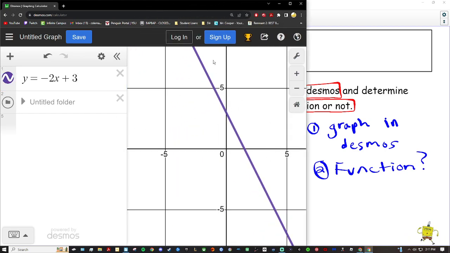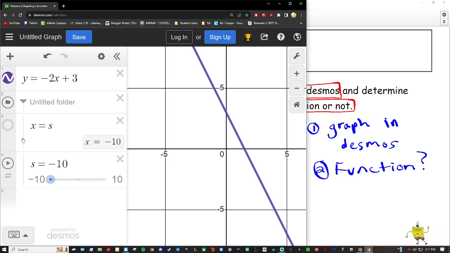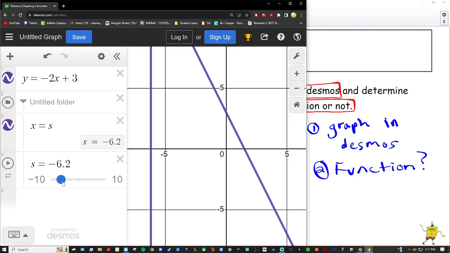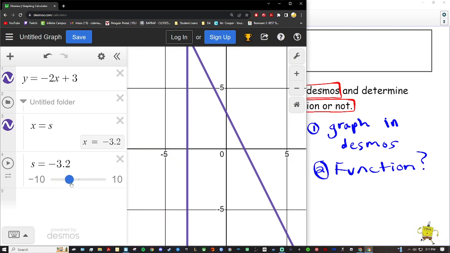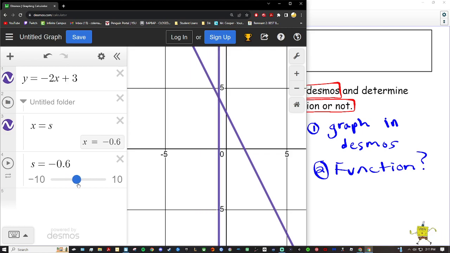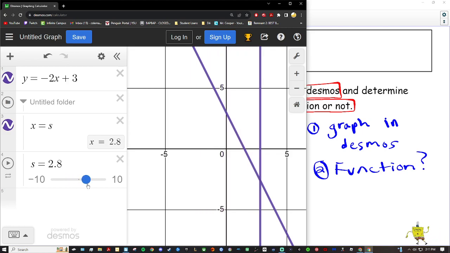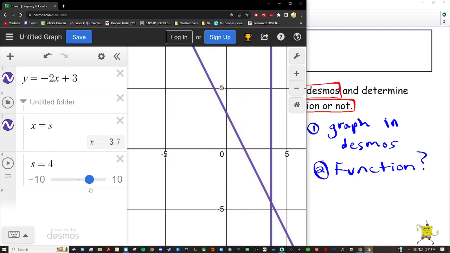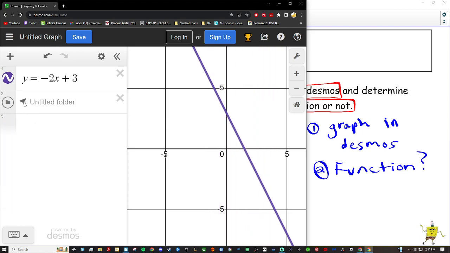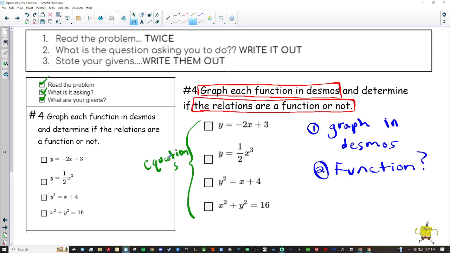Now, take your pencil and let's perform the vertical line test. As we move our line across, does our line or your pencil ever hit more than once? No, we never hit more than once. So this is a function. Check.